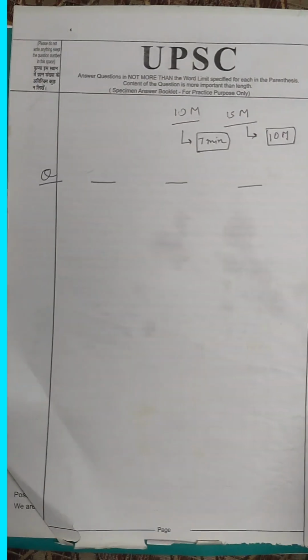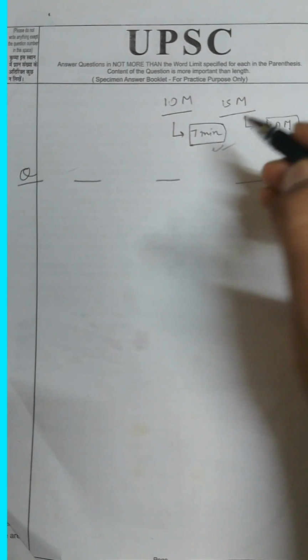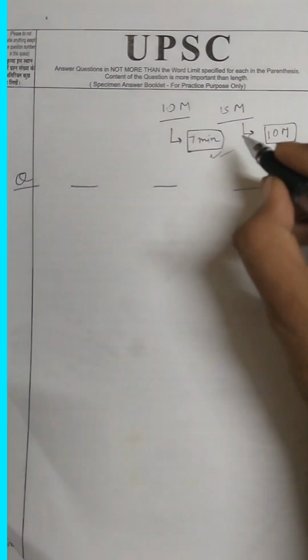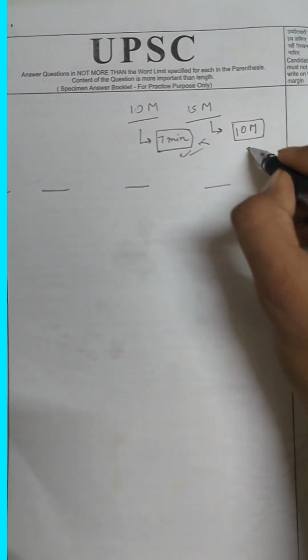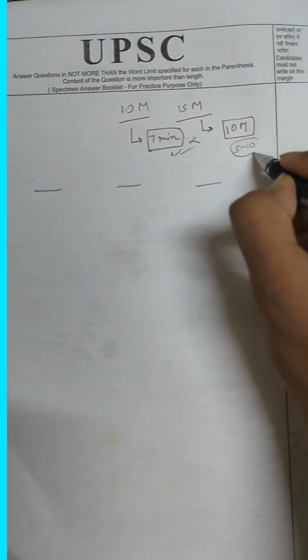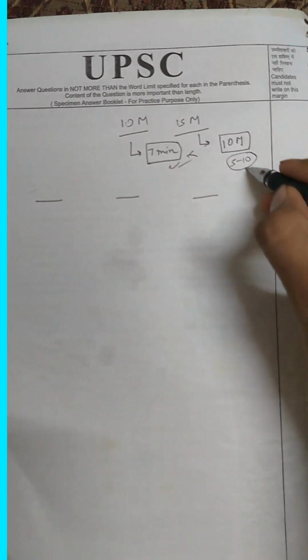Once you start writing, there is not much time left to rethink and retrieve the data. If you start in the wrong direction, it will be very troublesome, because time is very limited and you can't take the risk of putting 15 minutes into one question and at the last missing 5-10 questions. Due to this, you will be out of the race.